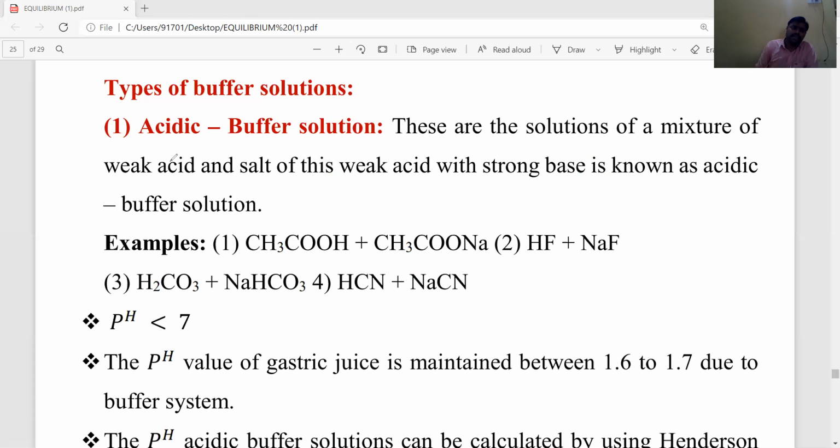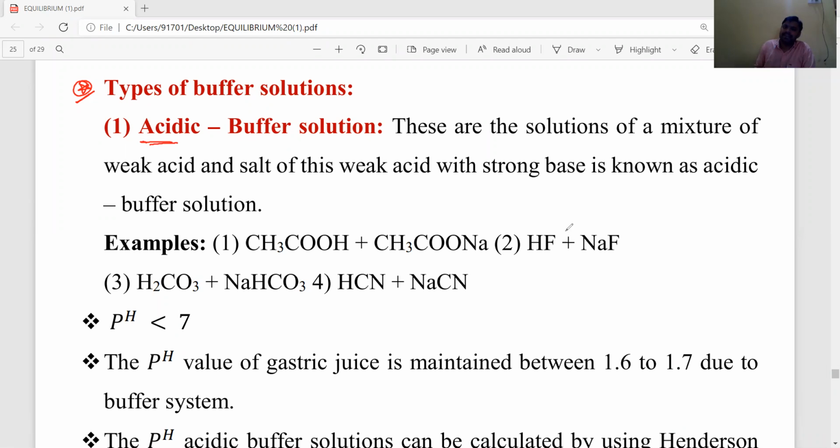So mainly in your textbooks, buffer solution means mixed buffer solutions. The mixed buffer solutions are mainly two types: acidic buffer solutions and basic buffer solutions. We need to remember the definition of acidic buffer solutions, the pH value, and examples. This much information is enough.